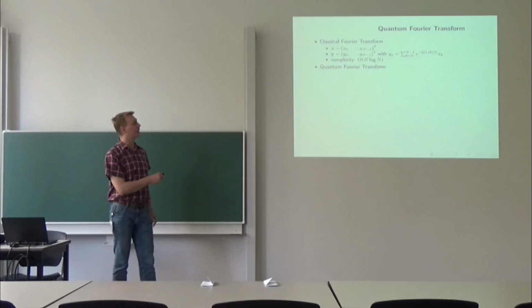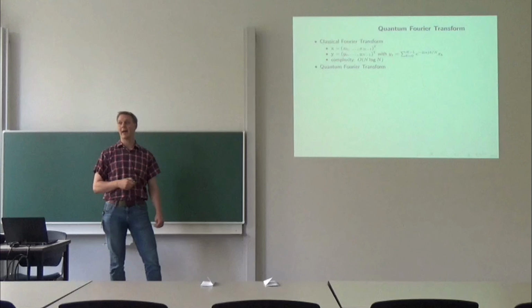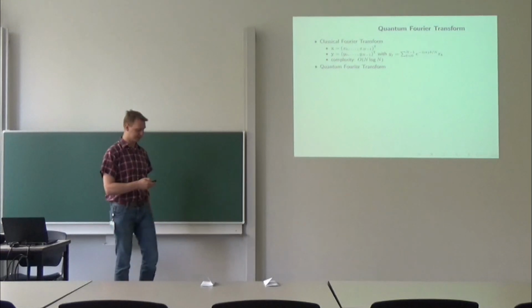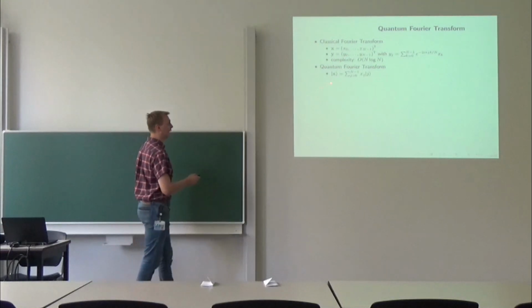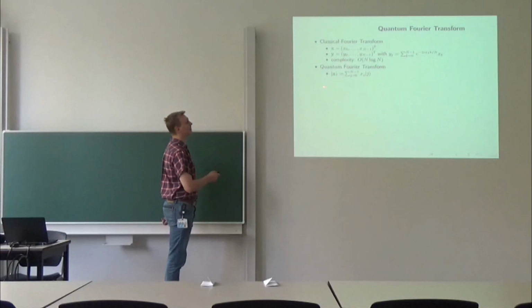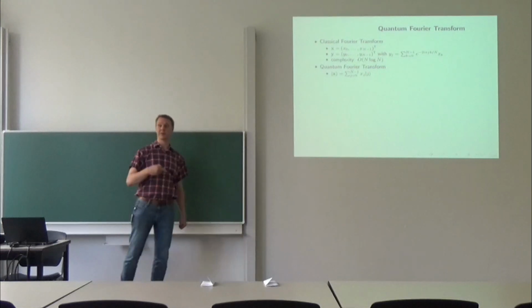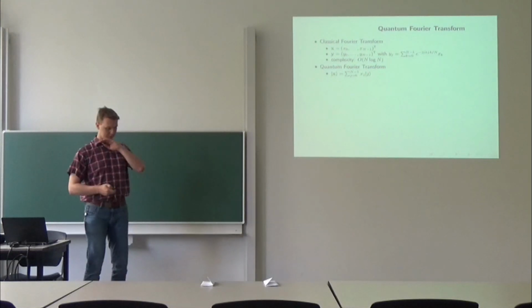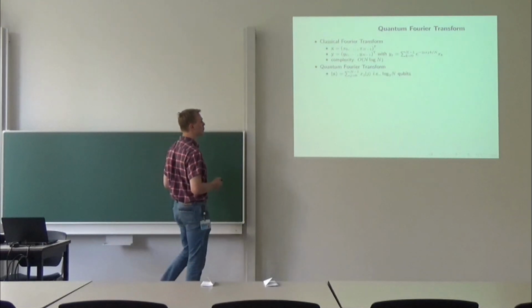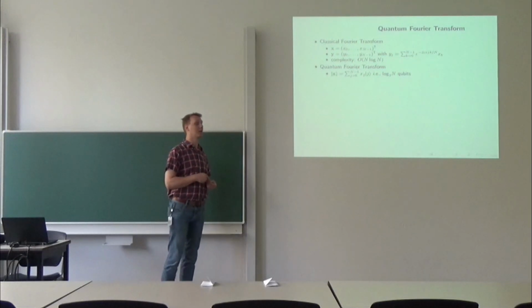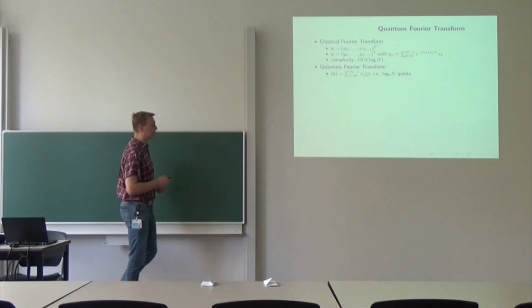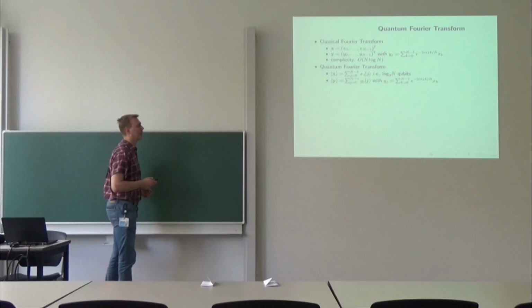And these 2 to the k complex numbers, those will be our n vector elements. So, using Cat's notation, we have a vector x, which really consists of n complex numbers, each associated to a basis state. All right? Meaning that we can represent this on log of n qubits, much denser than this representation.